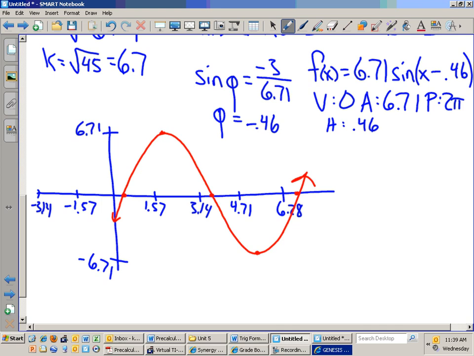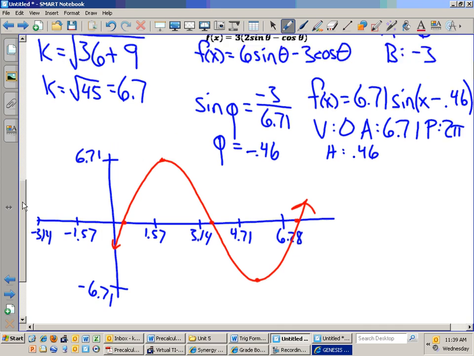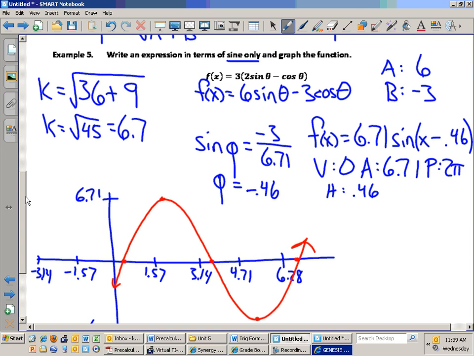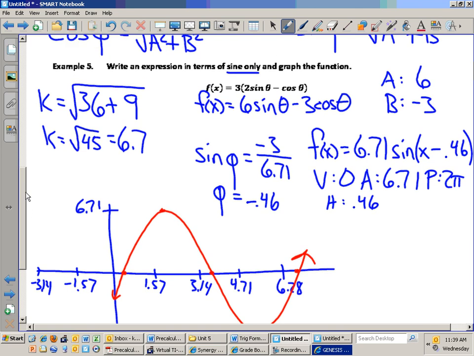So the idea is we were able to sketch a graph of 3 times 2 sine of theta minus cosine of theta. That's how we did it.